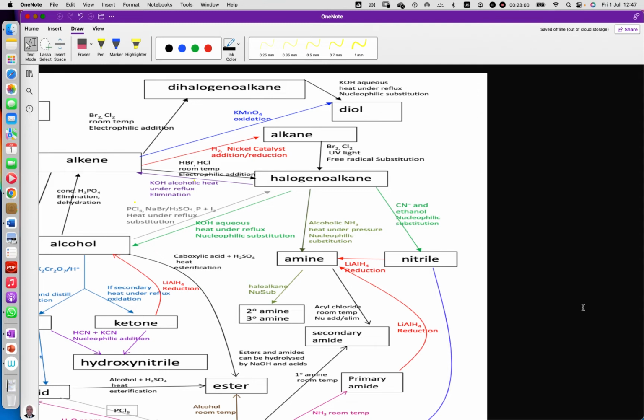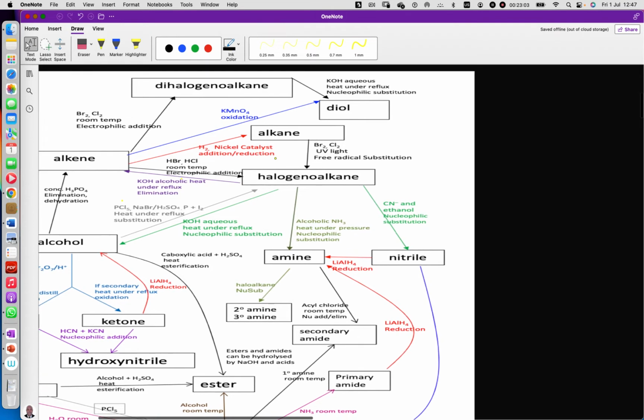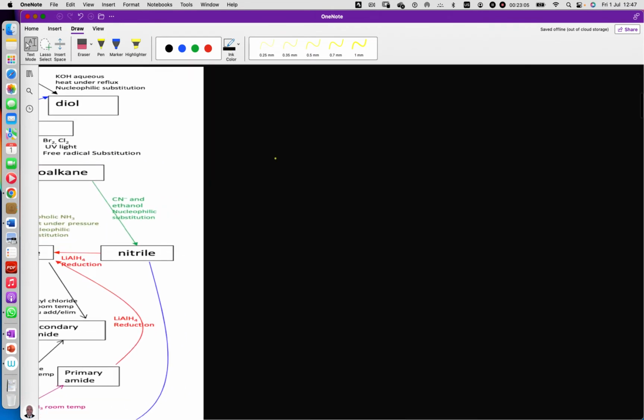Let's see the diol that is going to give. A diol is 2 OH groups attached to the molecule. Let's use ethene as an example.